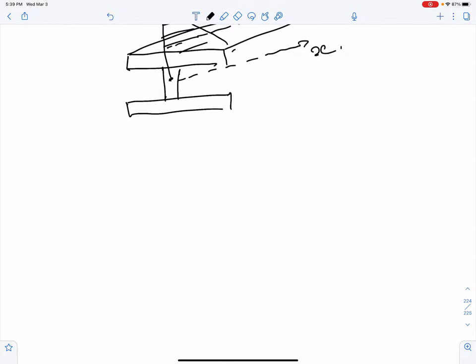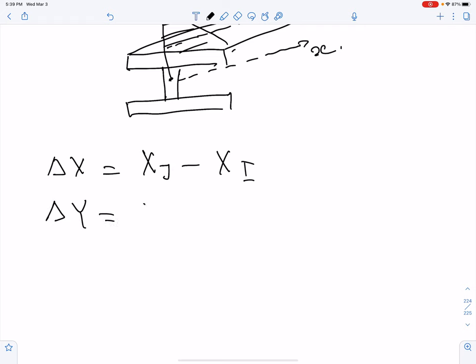So the geometry doesn't change. Delta x you define as before, x at node j minus x at node i. Delta y you define as before, y at node j minus y at node i.